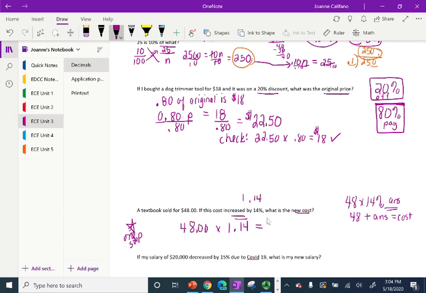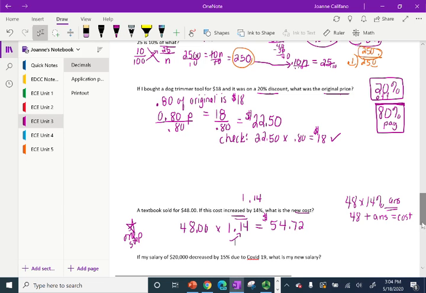You can do it in two steps and then try it in one step. $48 times 1.14, and I get my cost in one calculation. $54.72 is my new cost of the textbook, increased by 14%.